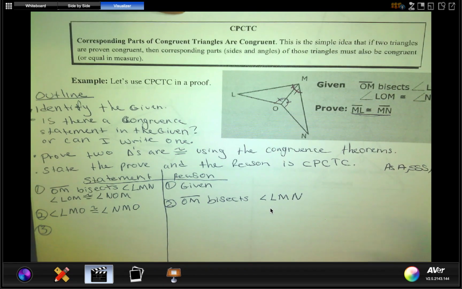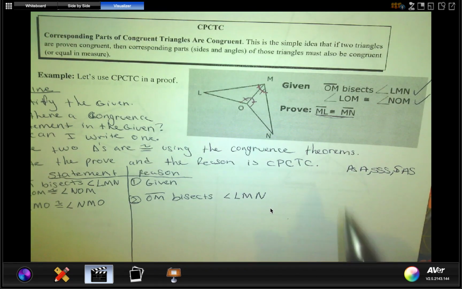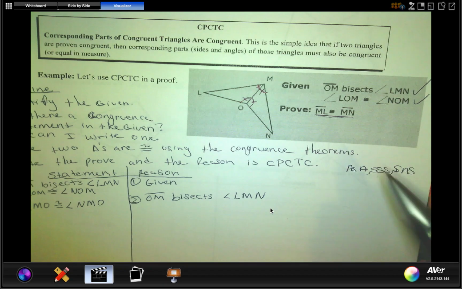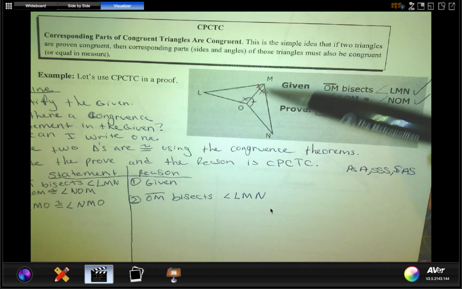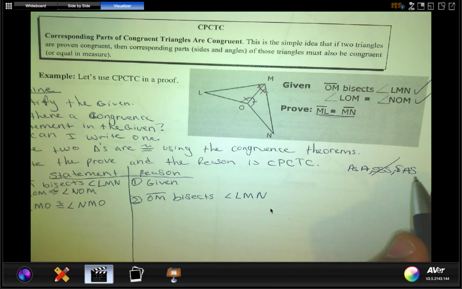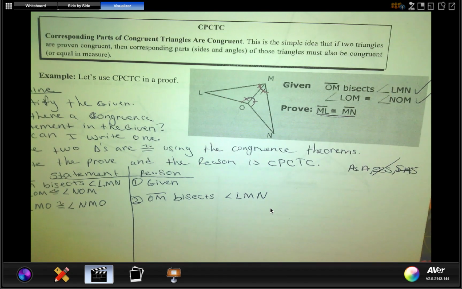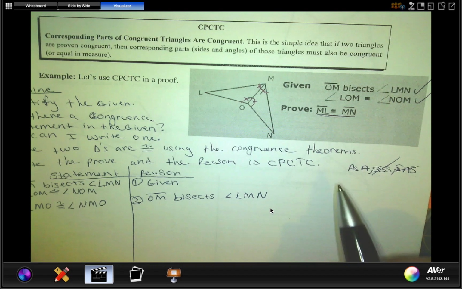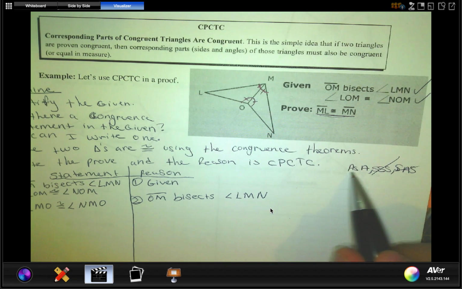Those are the only 3 I can work with right now. Well, can it be side, side? Well, first of all, I already have 2 pairs of angles. Is it side, angle, side? Do I even have one pair of sides being congruent? Of course not. So it's not that one.